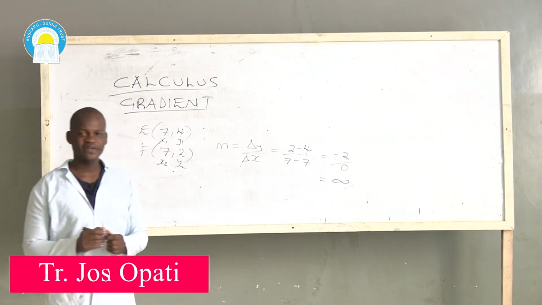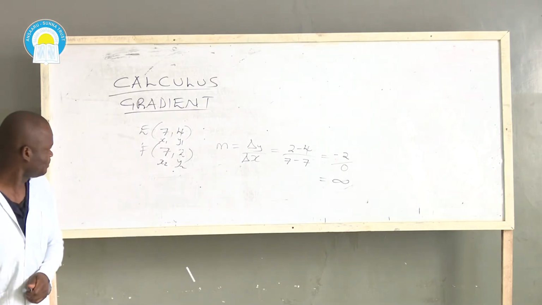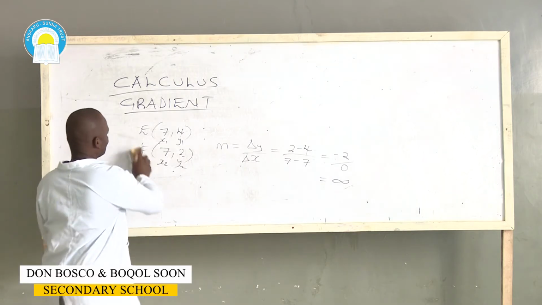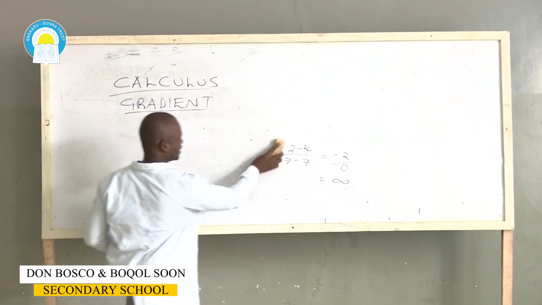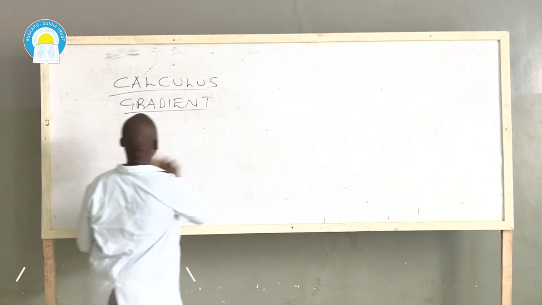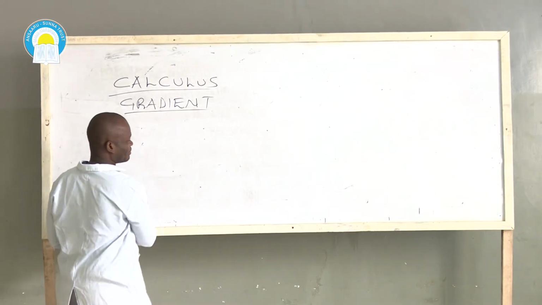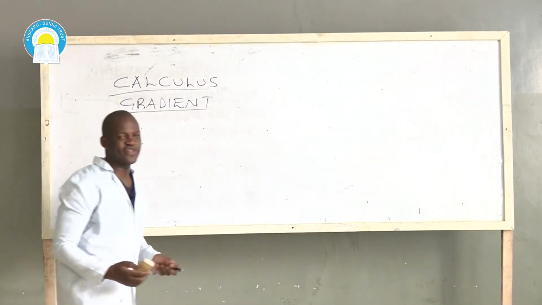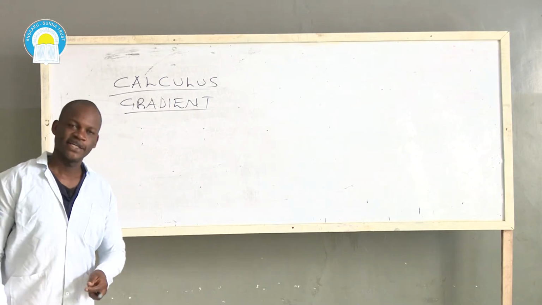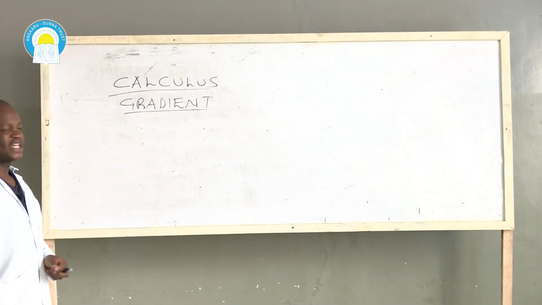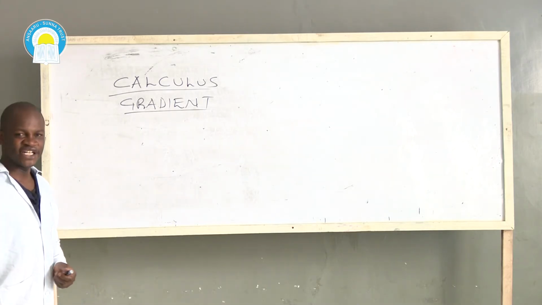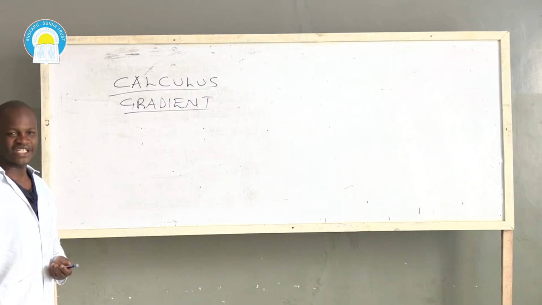Now, having gone through the formula of getting the gradient and the three examples I've given, another key thing you must remember is the nature of the gradient of a straight line.